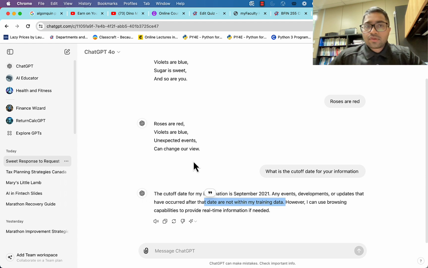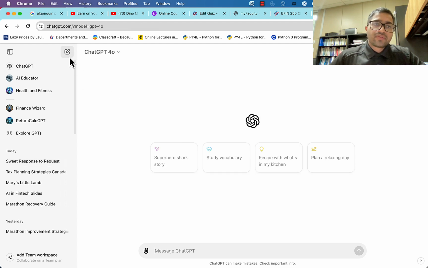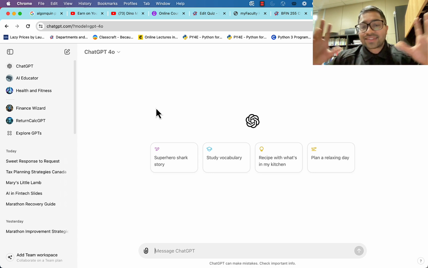Let's now open a new chat and then we are going to talk about the persona pattern. The persona pattern is a very powerful pattern that can be used to enable ChatGPT to do some of the activities that you want it to do. What is the persona pattern? You are asking ChatGPT to do your work as somebody, some expert.